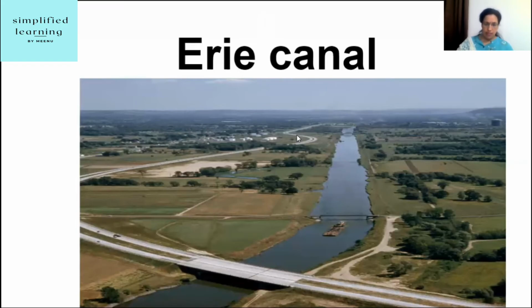Its success propelled New York City into a major commercial center and encouraged canal construction throughout the United States. In addition, construction of the canal served as a training ground for many of the engineers who built other American canals and railroads in the ensuing decades.